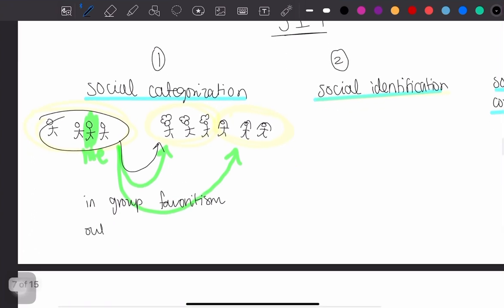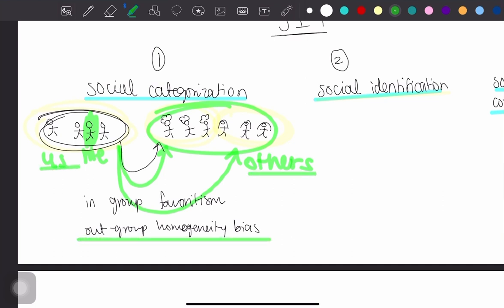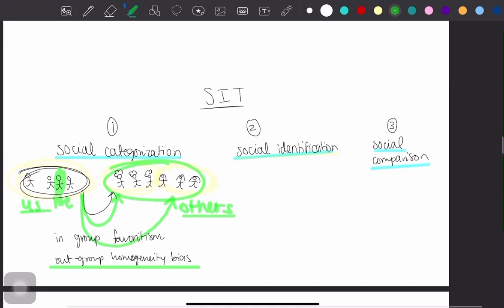And we have out-group homogeneity bias, which is basically that the people in your group are all known, but all these other people belong to one blob, which is basically the others. And we're the us. So us and others. That is the out-group homogeneity bias. Wow, these words are complicated.